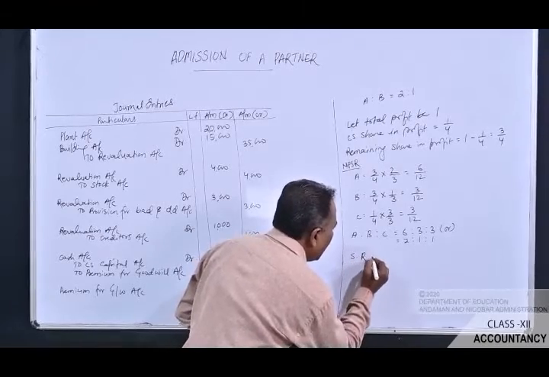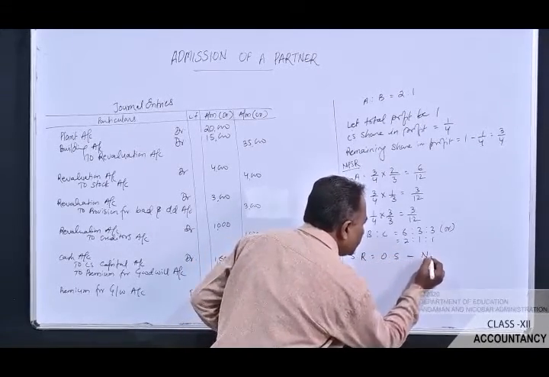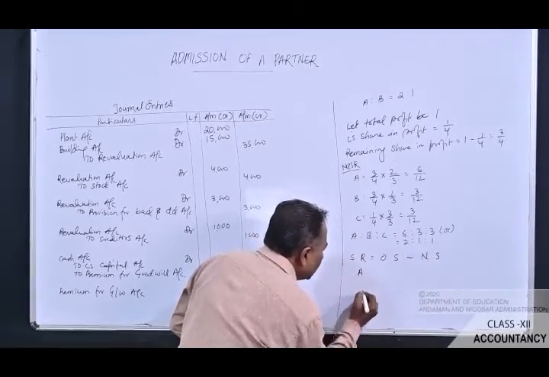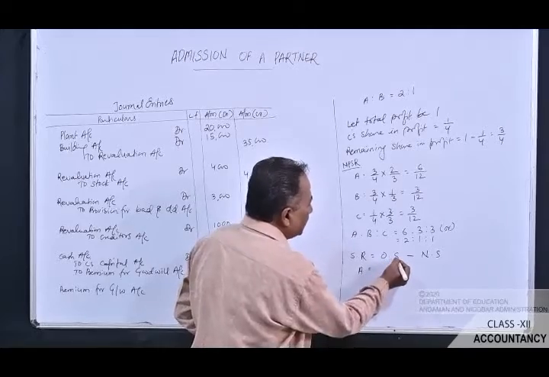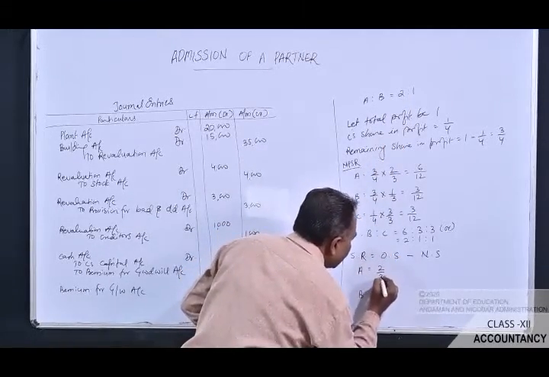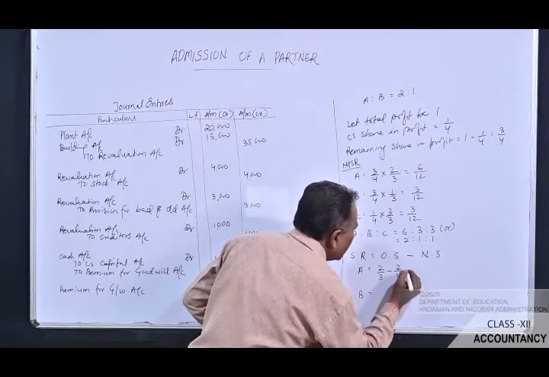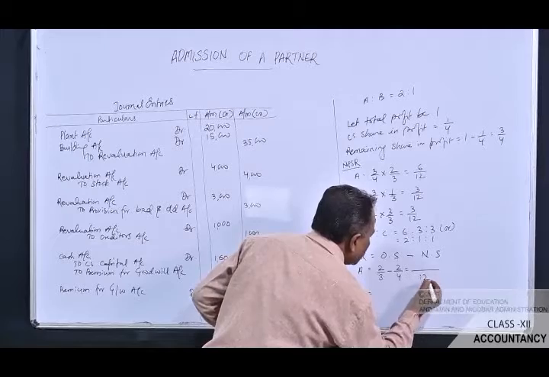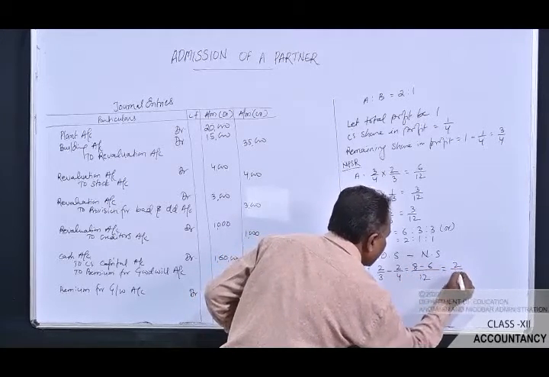You know the formula of how to calculate the sacrificing ratio. It is old share minus new share. You know the sacrifice will be done by the old partners only. The old share of A is 2/3 minus the new share 2/4, which is equal to, 3 4s are 12, 8 minus 6 is equal to 2/12.